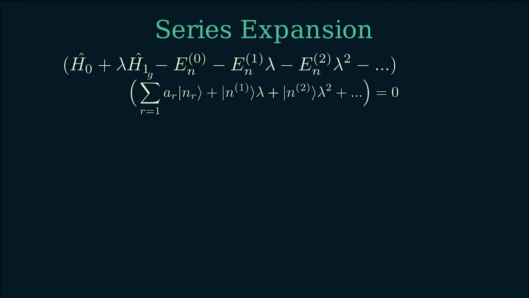But for that, first we have to multiply out the parentheses on the left side of this equation. Now here, we are only interested in the terms that are linear in lambda. So the other terms, which are of higher order, we will just denote with these 3 dots.